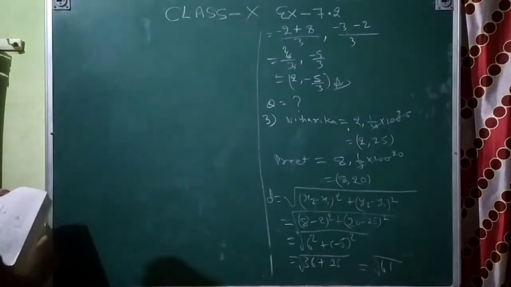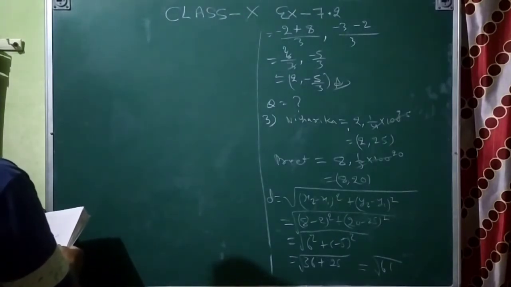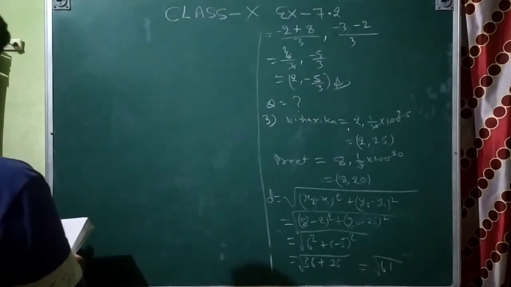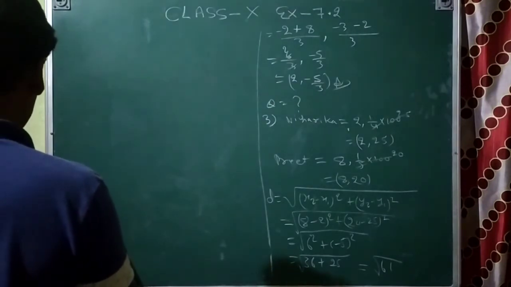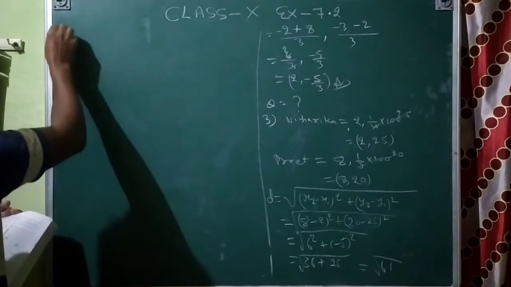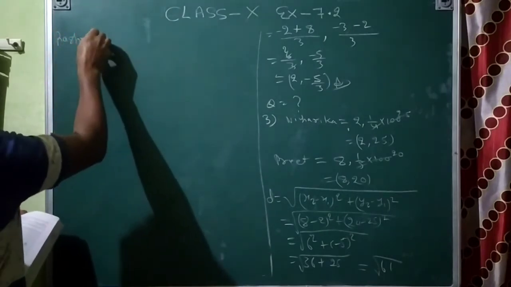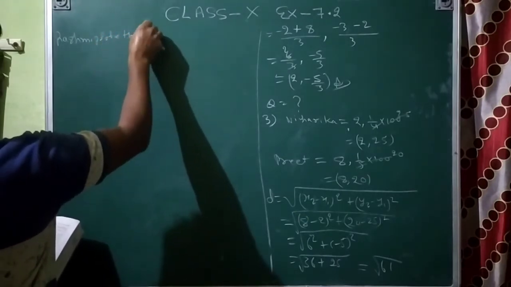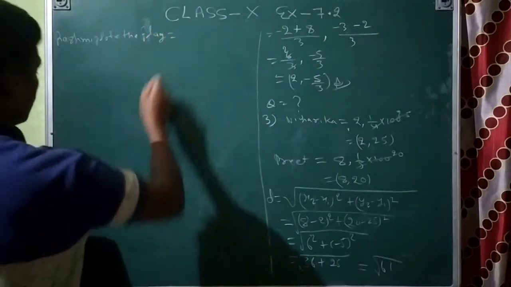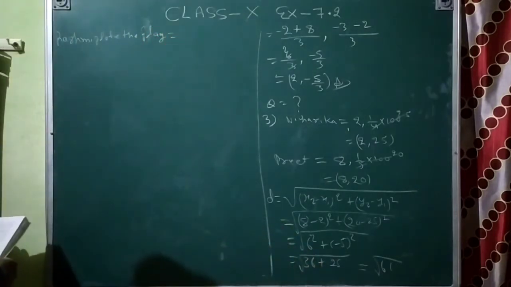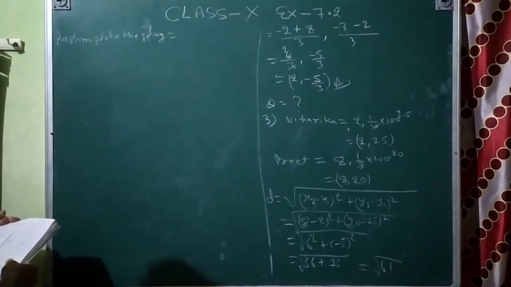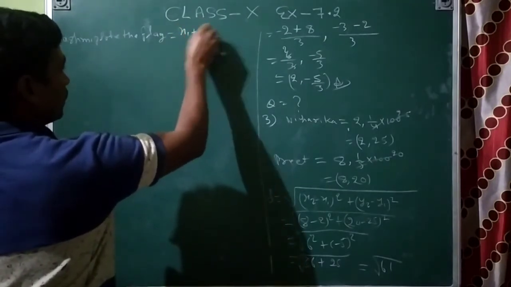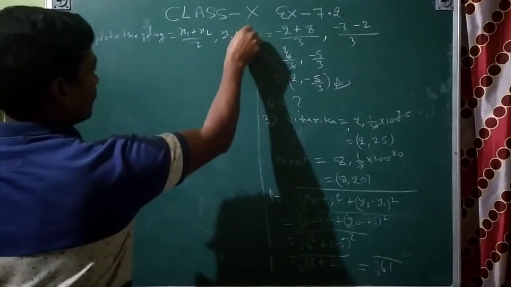Rasmi has to post the blue flag exactly halfway between the line segment joining the points. So Rasmi plots the flag at the midway, halfway meaning in the center. So we will apply (x1 plus x2) upon 2, and (y1 plus y2) upon 2.